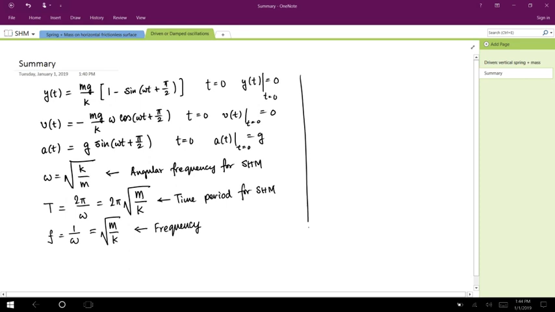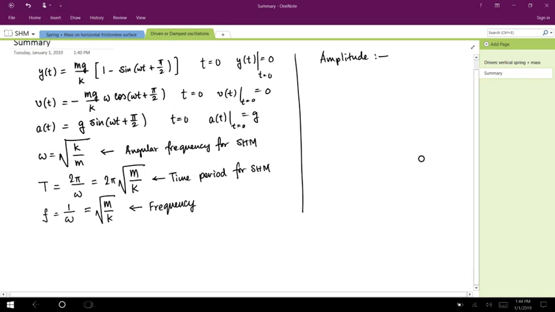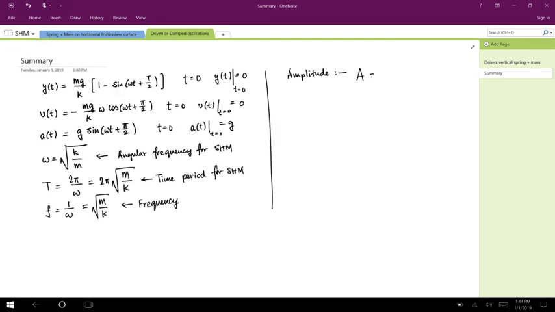In this particular case, the amplitude of oscillations in our particular system was mg over k. Amplitude A equals mg over k.